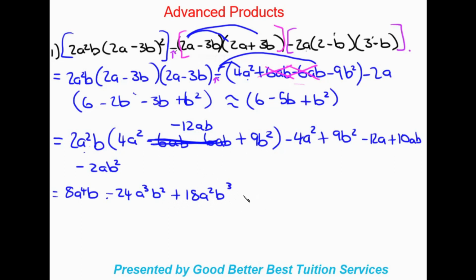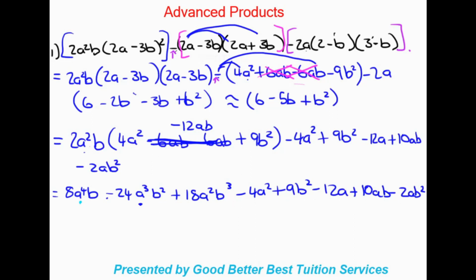And then we will just bring all of our other terms in now. So we have negative 4a squared over here, plus 9b squared, minus 12a, plus 10ab, minus 2ab squared. Cool, so what we'll do now is look for any like terms that might exist. Not saying that they are like terms, but we'll just have a look. Focus here on a to the power of 4b. Are there any other a to the power of 4b's? No, there aren't. Are there any a cubed b squared?